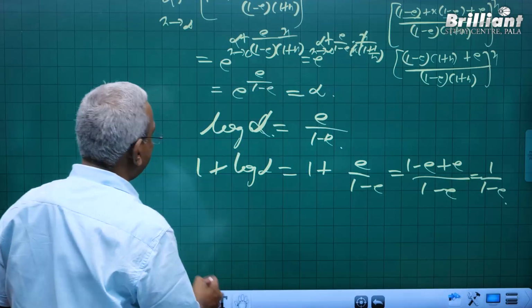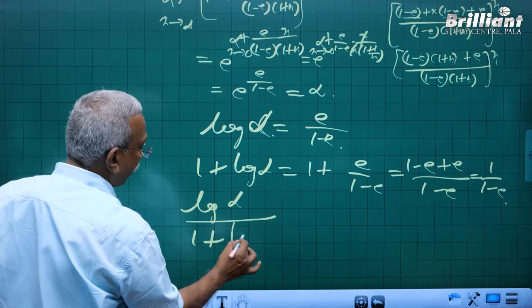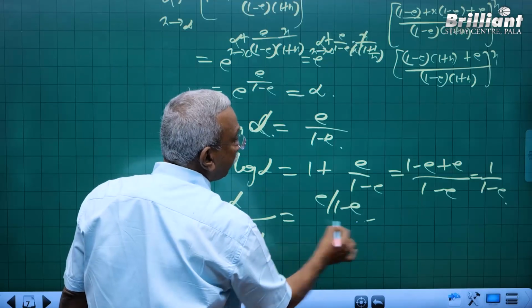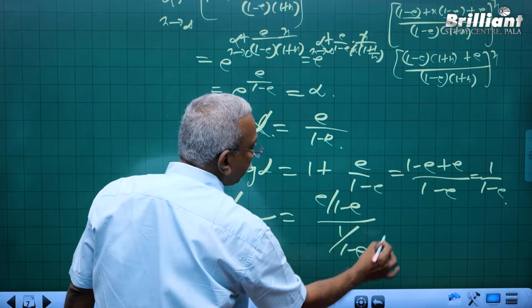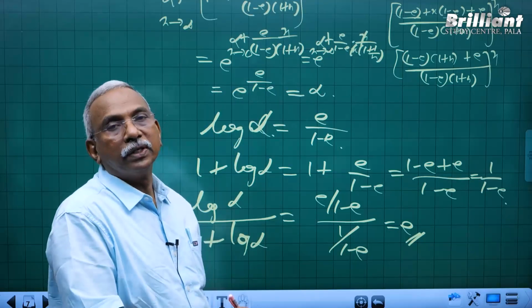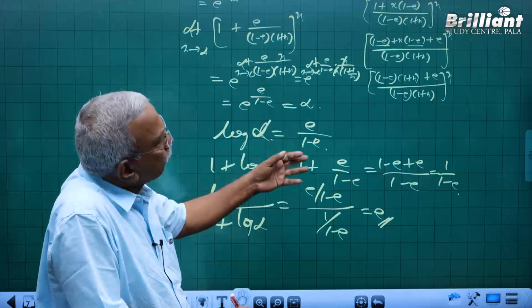Now we divide log of alpha divided by 1 plus log alpha, which is equal to e divided by 1 minus e divided by 1 by 1 minus e, which is equal to e, which is given in our first option.